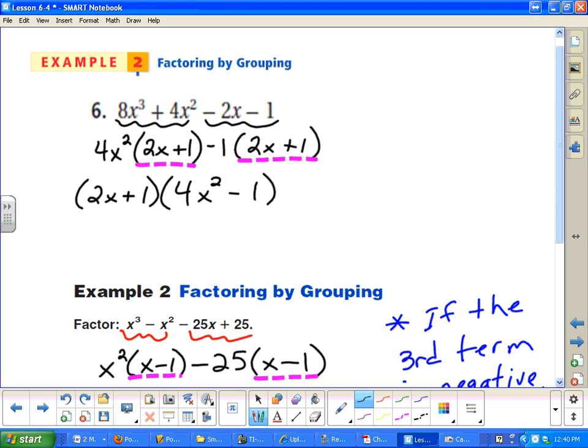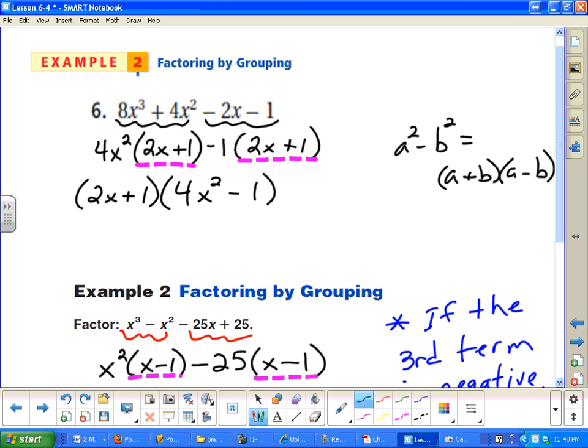Now, how many of you got that far, but didn't go any farther than that? This is the difference of two squares. A squared minus b squared equals a plus b times a minus b. What's squared to make 4?